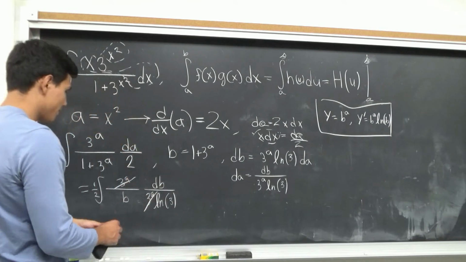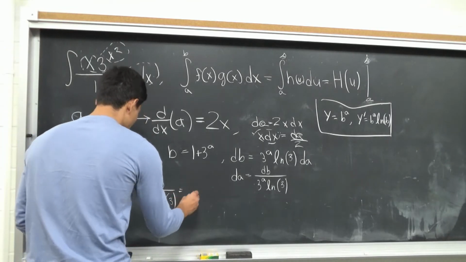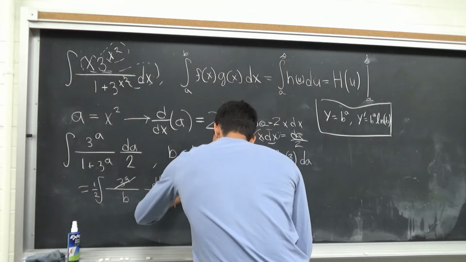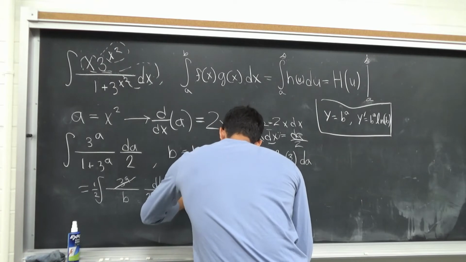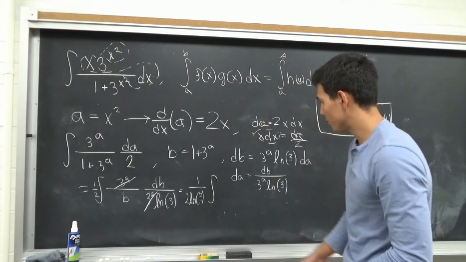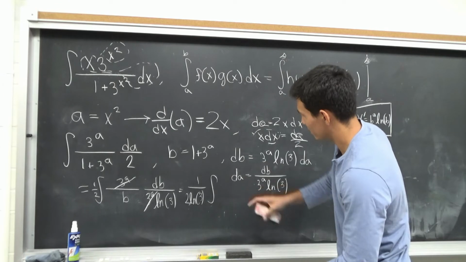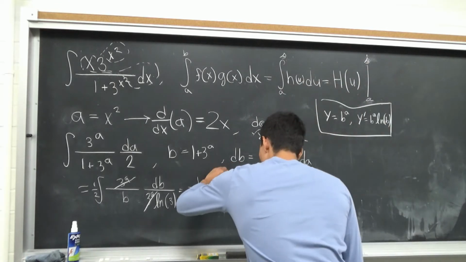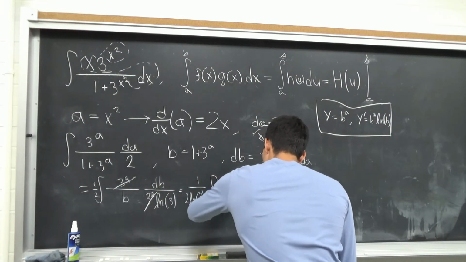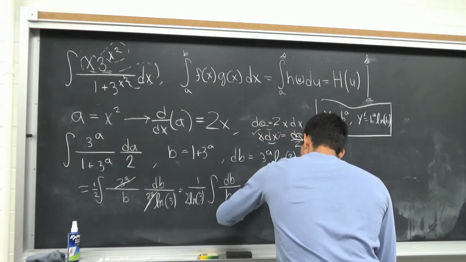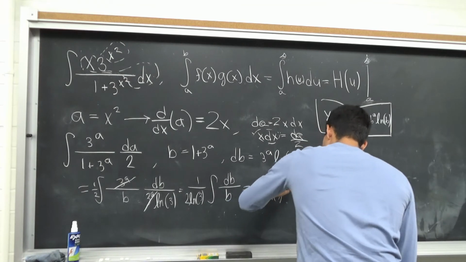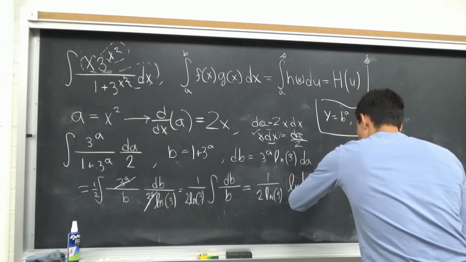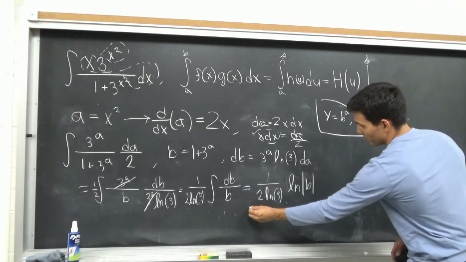The 3a's can go away, and then we get 1 over 2 ln 3 times the integral of dB over b, which is 1 over 2 ln 3 times ln b. So this is your answer right here.